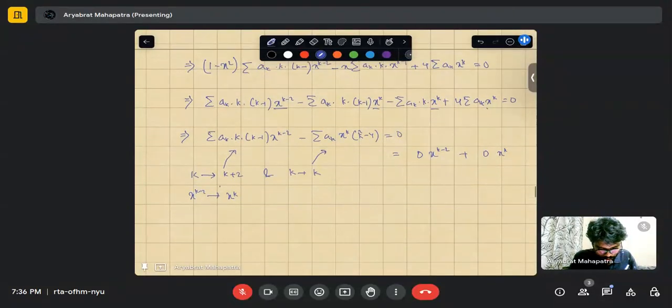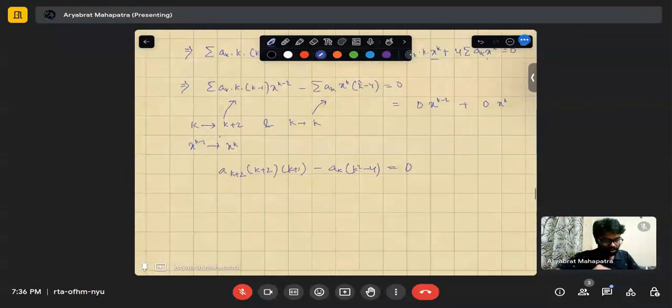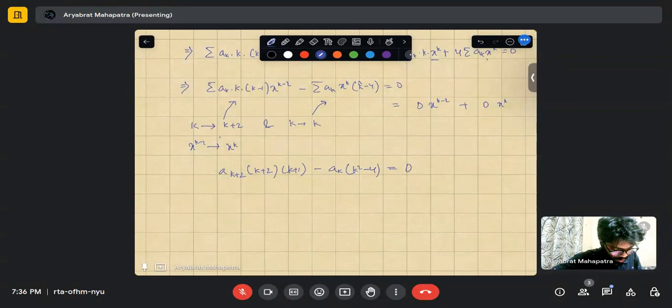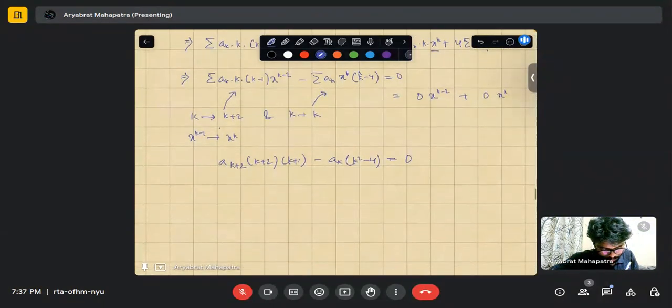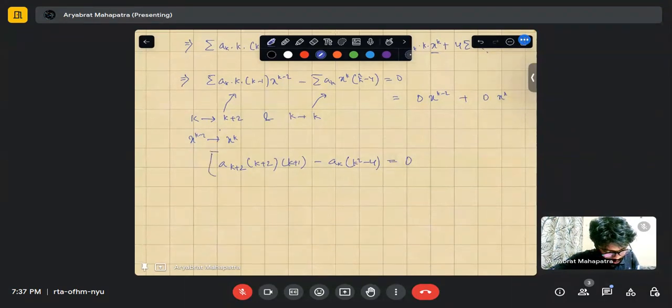So effectively I will have a_(k+2)(k+2)(k+1) minus a_k(k² minus 4) equals 0, because in the RHS the term x^k equals 0.